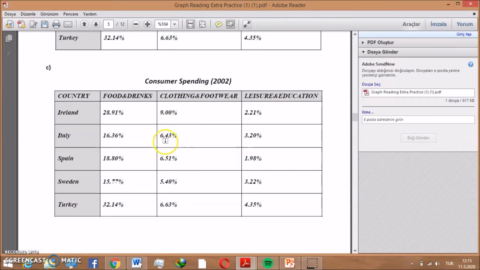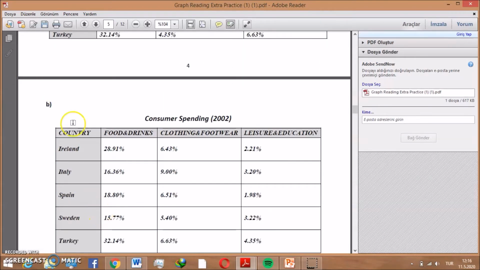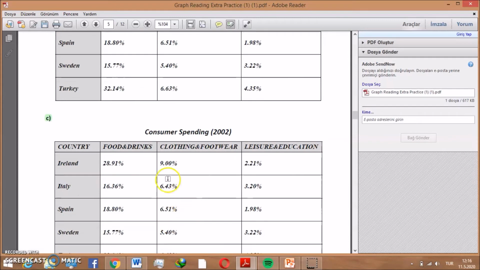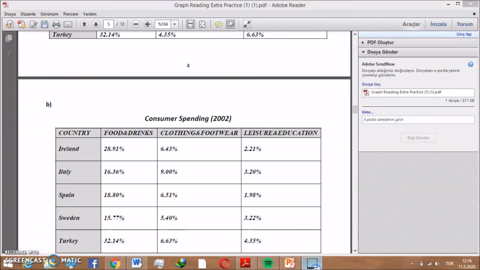Italy, but it is not 9, so our answer cannot be C. So B is our answer, because the expenditure is 9% in clothing and footwear, and it is the highest, so this does not match. So our answer is B.